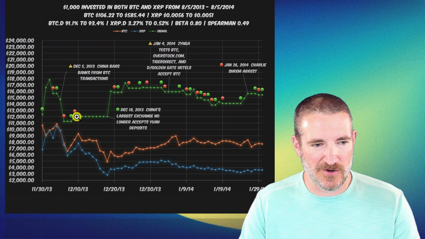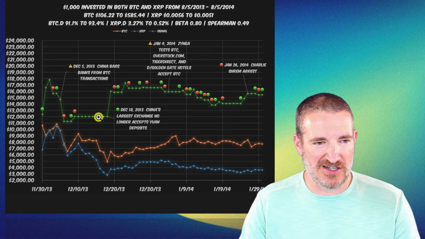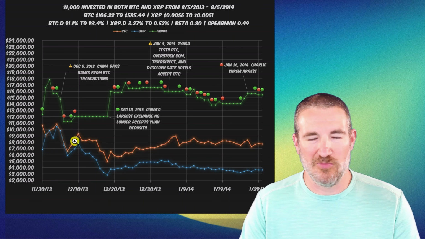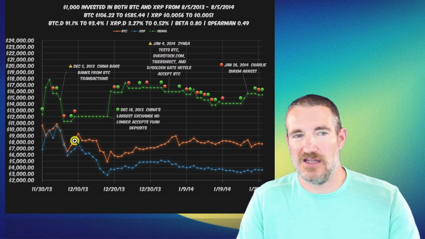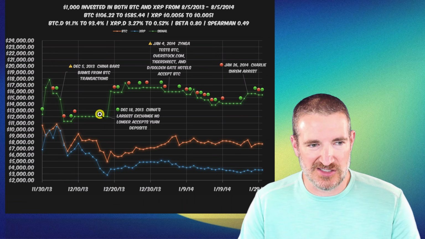So like right here in this December time frame, it was an extended sit out period, and that perfectly coincides with this money outflow out of both Bitcoin and XRP, but it sits out for that.